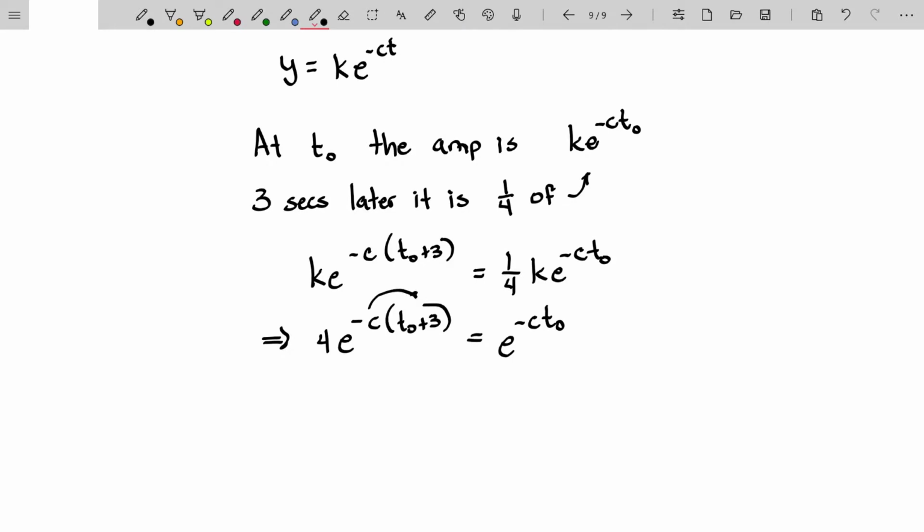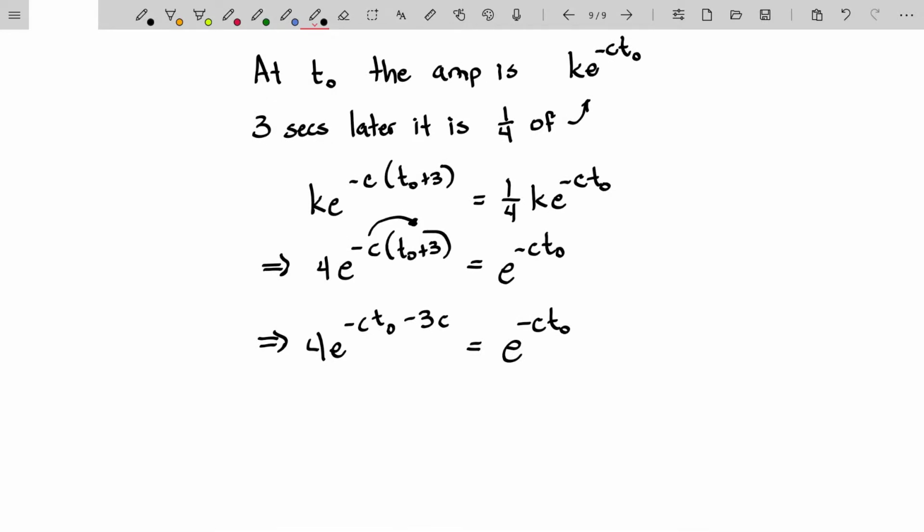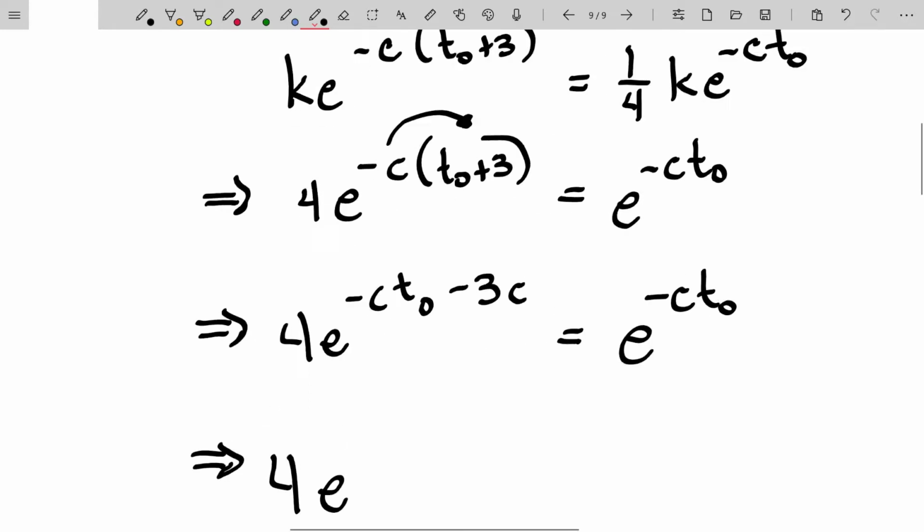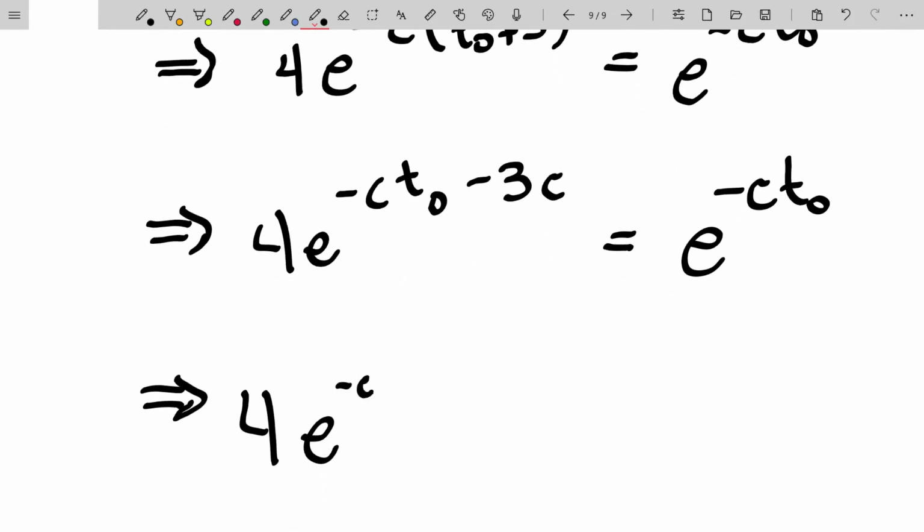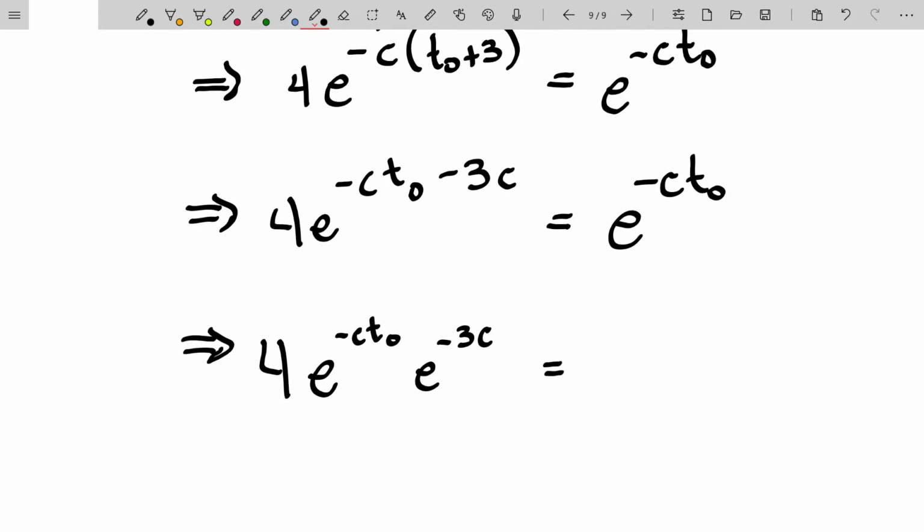Well, you could also go ahead and distribute this negative c into this parenthesis. So you get that 4e to the negative c t naught minus 3c is equal to e to the negative c t naught. Great. But we also know that from laws of exponents that you could write the exponential on the left-hand side as e to the negative c t naught times e to the negative 3c. Don't believe me?